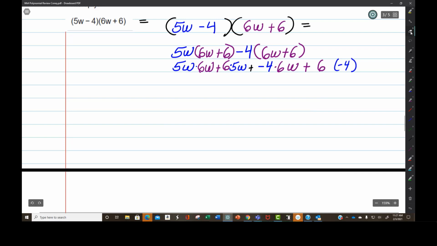Now, I have had it with color coding. I'm going back to black. 5 times 6 is 30. And W times W is W squared.